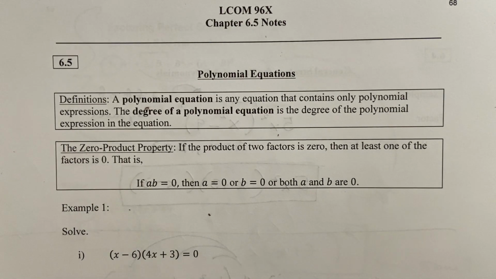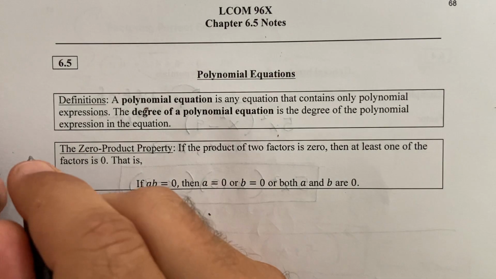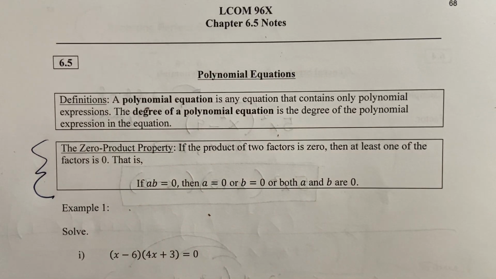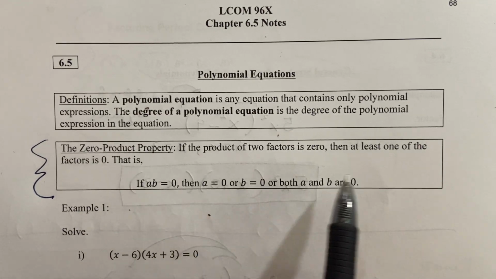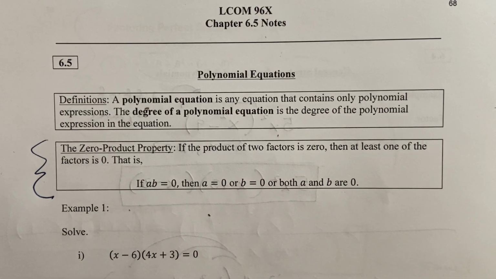So let's take a look at what's called the zero product property. This is a bit of a conceptual piece, but the reason why the factoring is necessary is held within this definition here.